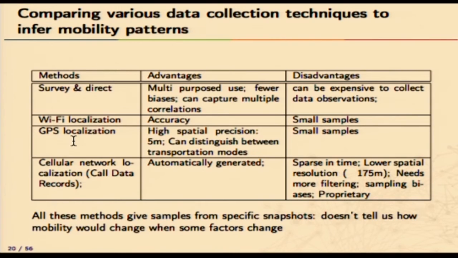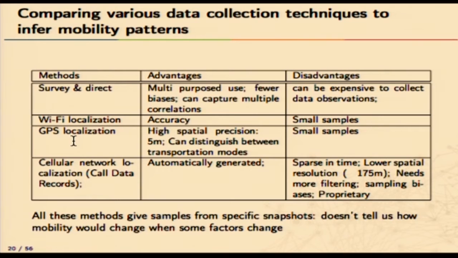You can collect call data records and things like that for smaller samples, and it's going to be a static sample. So it's not possible to convert that into a network model for a population, which needs to take everyone into account.